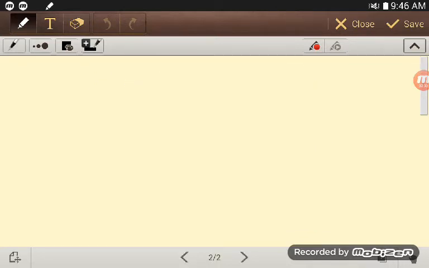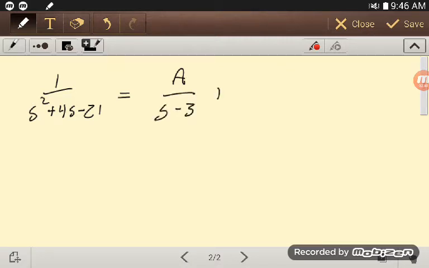So I'll go to a new page, and I want to do my partial fractions decomposition of this one, so we need an a over s minus 3, and a b over s plus 7.